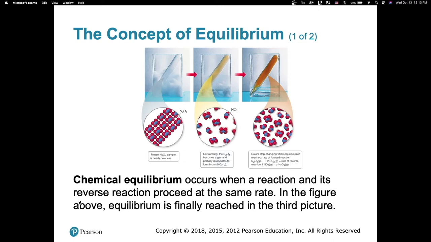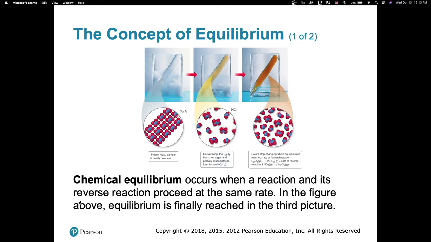And up until now, you've been taught that this reaction, dinitrogen tetroxide going to nitrogen dioxide, goes 100%, where you won't have any more of the reactant and only have products left over, right?